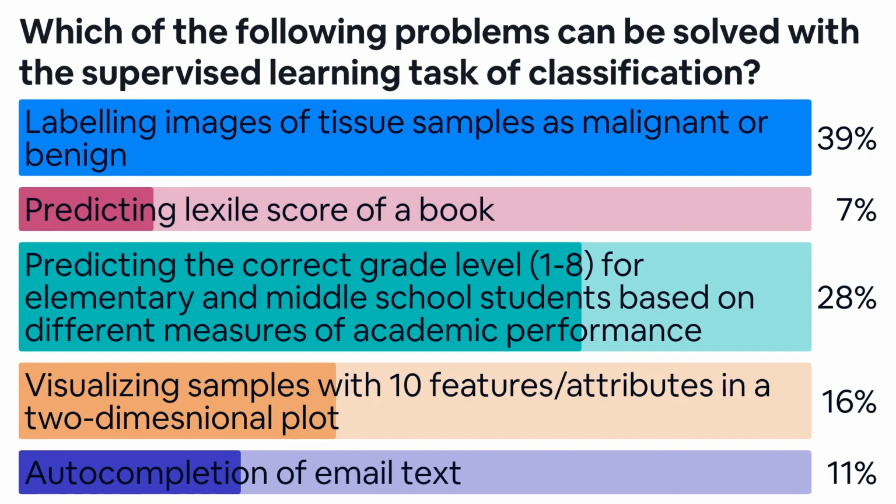Predicting the Lexile score of a book. So Lexile score is a score, I believe, anywhere between 5 and I want to say 900. I might be wrong, but basically it's a numeric score you assign to the level of the text, how advanced it is, at which grade level a kid might be reading that book.